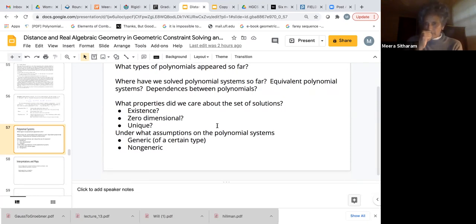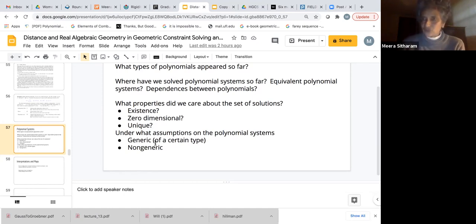So again, for polynomial systems, what do we care about? We care about the existence, whether it's zero-dimensional, whether the solution is unique, and under what assumptions on the polynomial systems. So we think about what are called generic polynomial systems. Very briefly, this would mean that the coefficients of the polynomial systems are not the zeros of some polynomial.